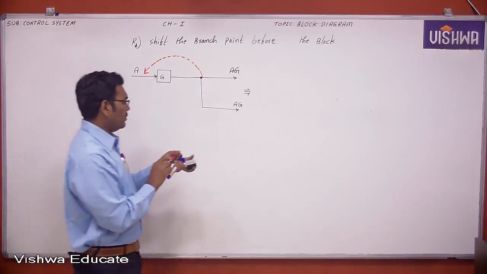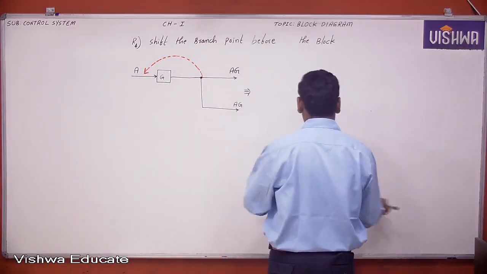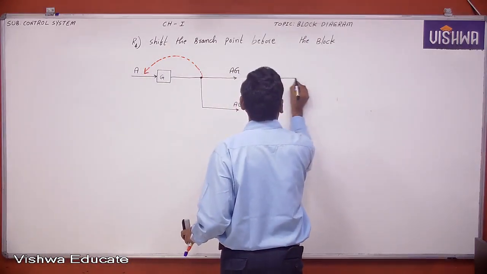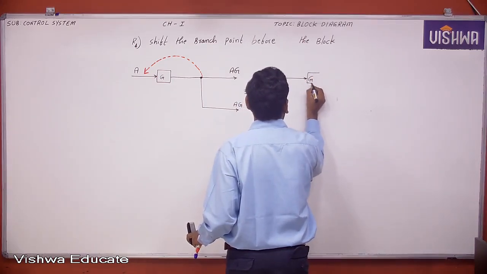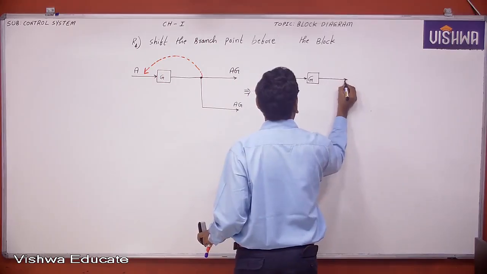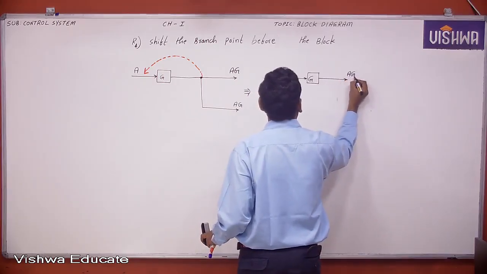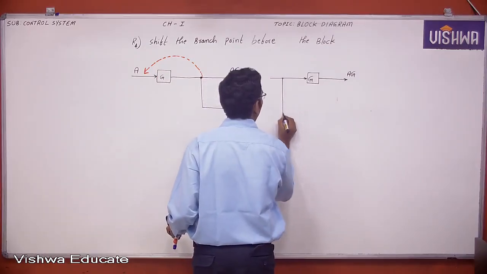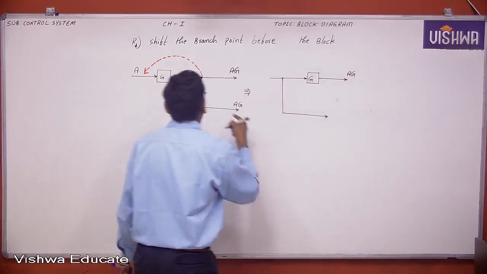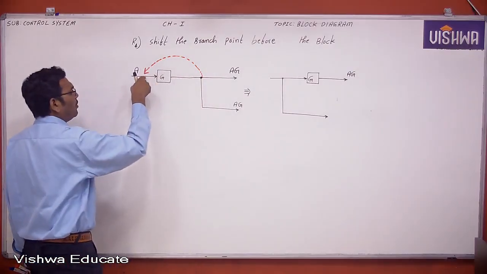Okay. So what changes take place while you are shifting this branch point before the block? Now this branch point is before the block.